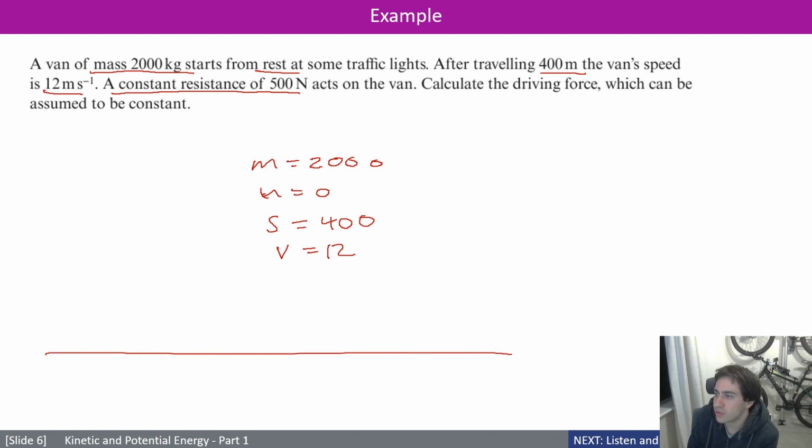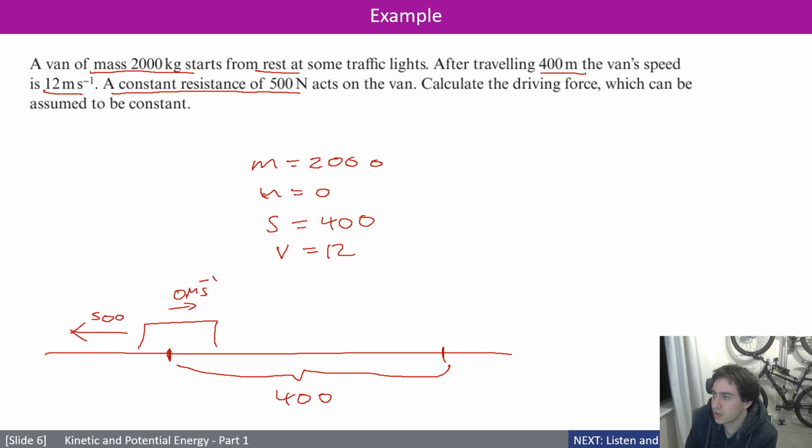So for that, I'm just going to quickly draw myself a diagram so we remember this. And then let's call that there, my distance 400. Here it's going at 0 meters a second, and over here it will be going at 12 meters per second. Okay, calculate the driving force, which can be assumed to be constant.